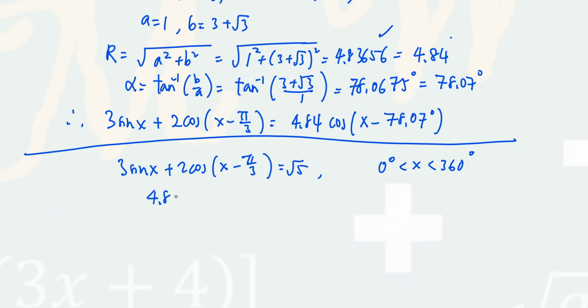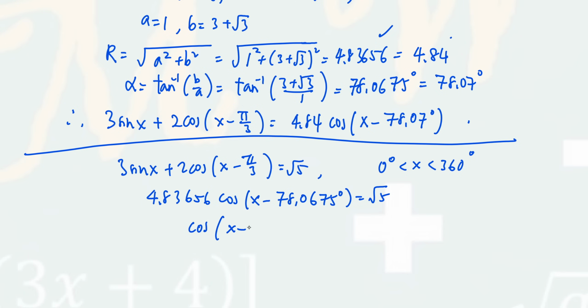So it will be 3.8656 cos of (x minus 78.0675 degrees) equals square root 5. So divide the whole equation by 3.8656.